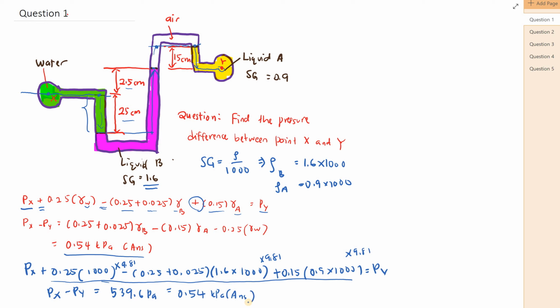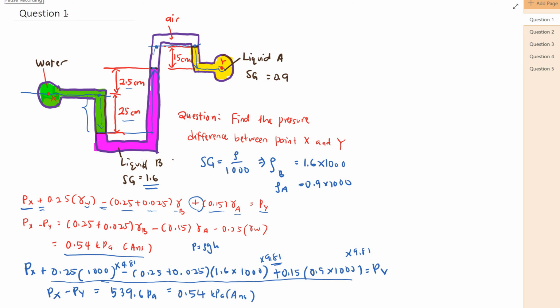So this is the answer. When you are using P equal to rho g h, please always remember that you have to include the g. Don't forget the 9.81.